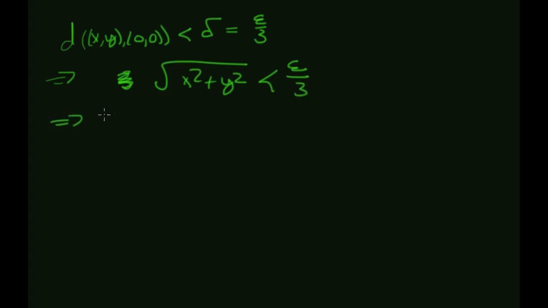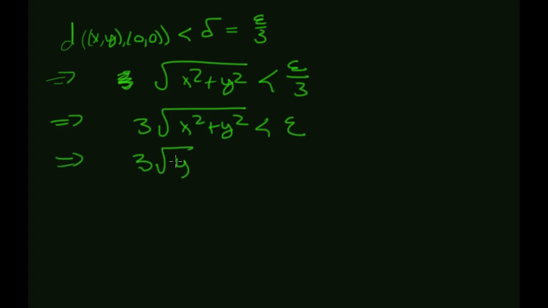So this implies that 3 times the square root of x squared plus y squared has to be less than epsilon, which now tells me that 3 times the square root of just y squared has to be less than epsilon, because this is less than this, which means that 3 times the absolute value of y has to be, wait a minute, this is starting to look familiar.